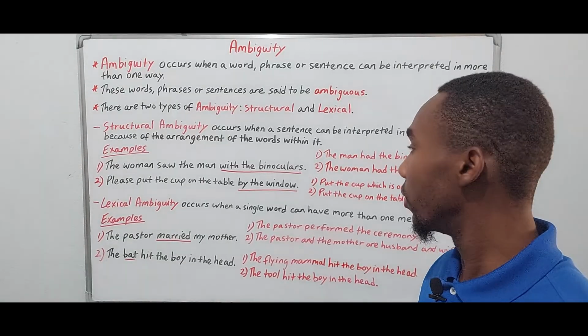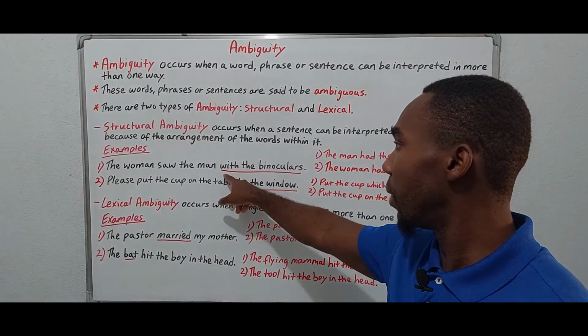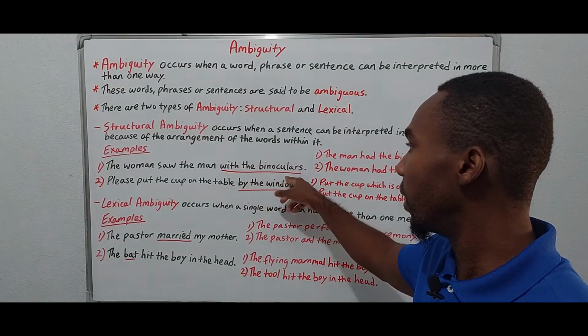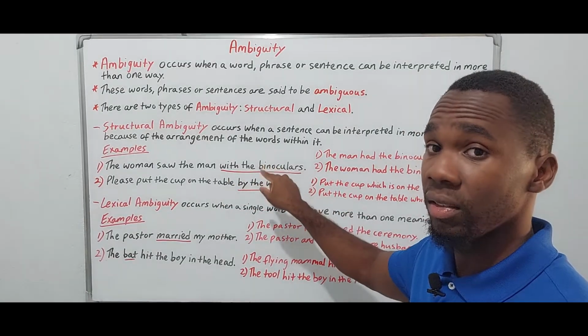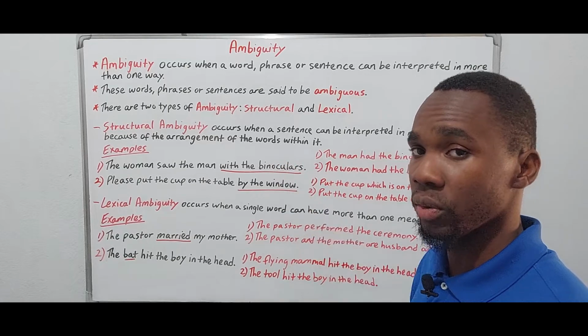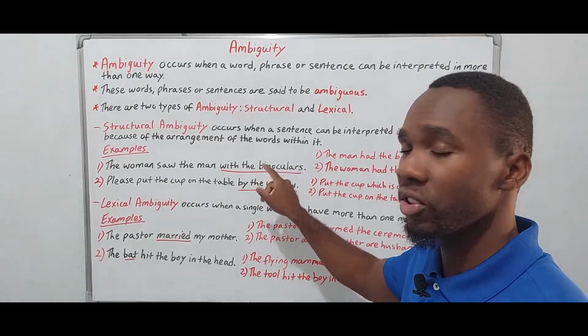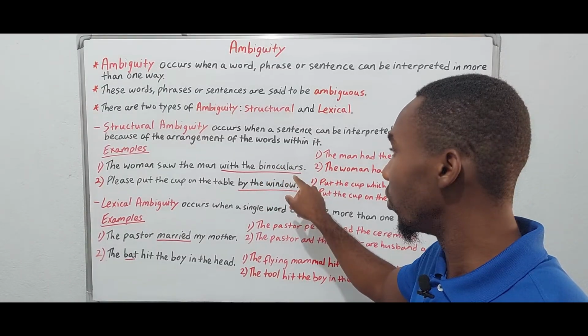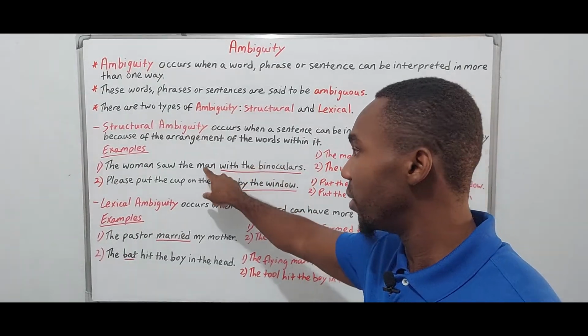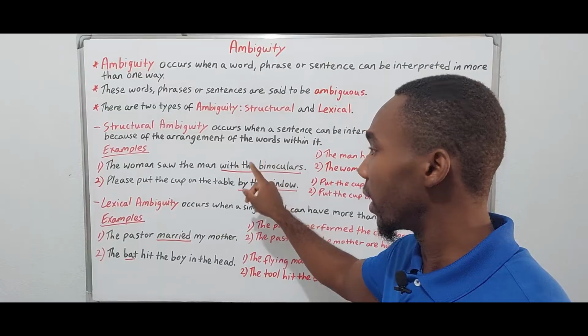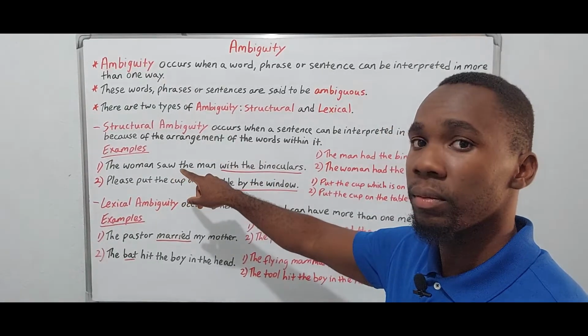That would be the question. So as you see, I would have highlighted the prepositional phrase with the binoculars because this is the source of the ambiguity, right? This prepositional phrase with the binoculars can either be modifying the man or it can be modifying the woman.